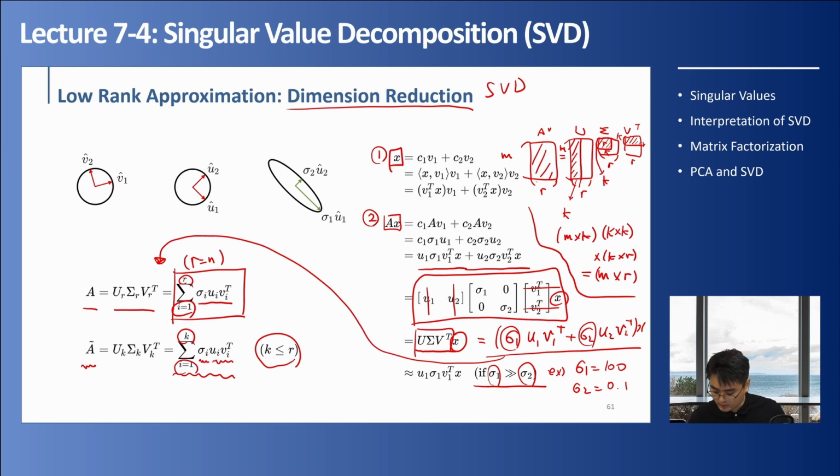Then we can think that the effect of sigma 2 will be very small on our decomposition of A. So we can approximate or reconstruct our A matrix using a single unit vector U1 and V1 transpose with a singular value sigma 1. That's how we can use singular value decomposition to do dimension reduction.